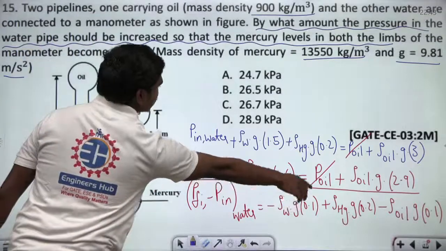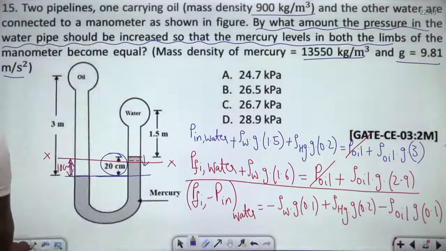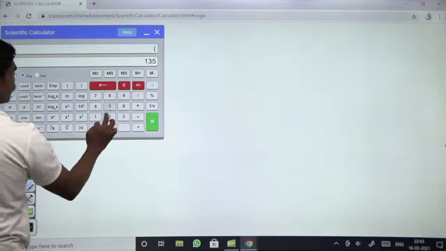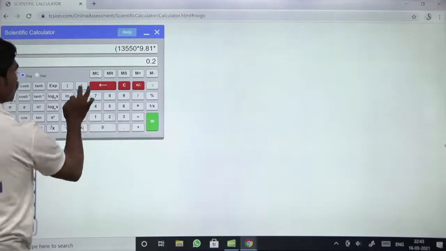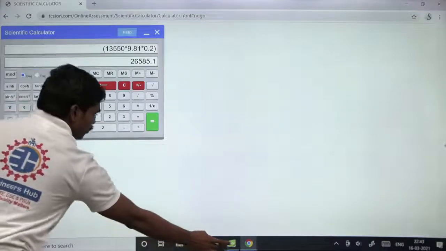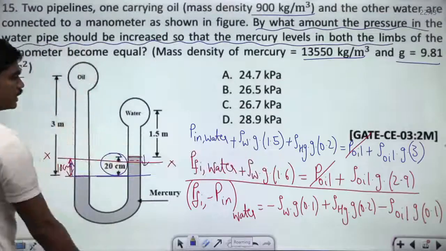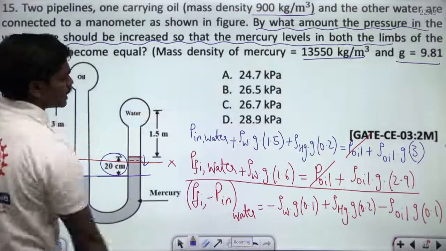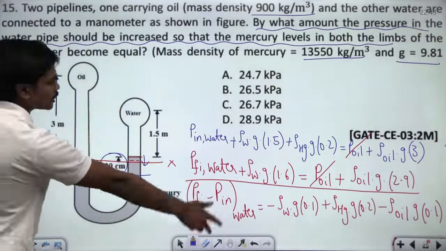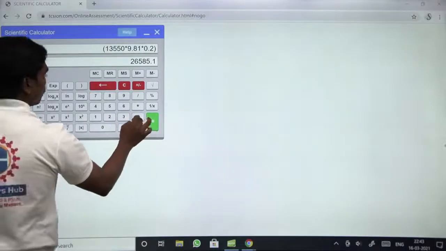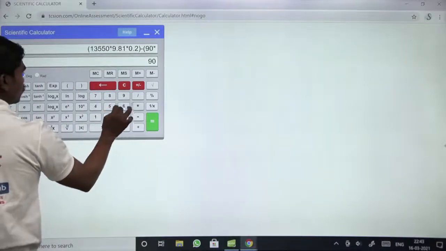Mercury into g into 0.2. So 13,550 into 9.81 into 0.2. This is the mercury column pressure. Minus density of oil is 900, so 900 into g into 0.1, which is 90 into 9.81. So minus 90 into 9.81.